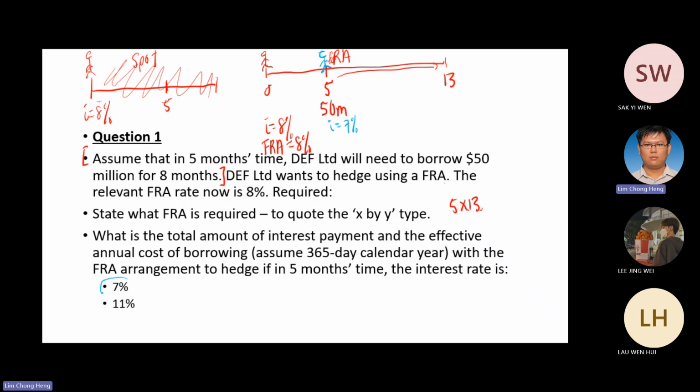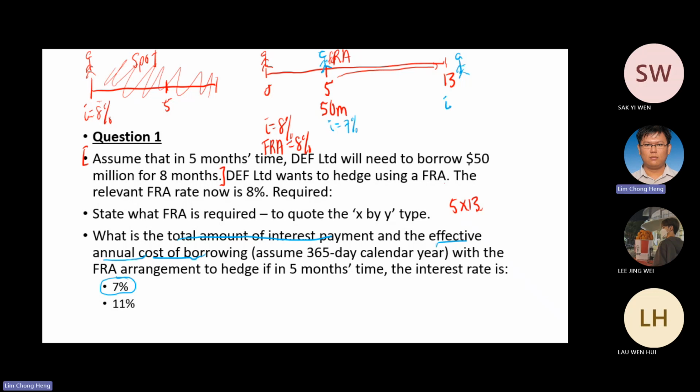The question asks: what is the total interest you pay and what is the effective annual cost of borrowing? We assume you settle everything in month 13. Then in month 13, how much do you need to pay?